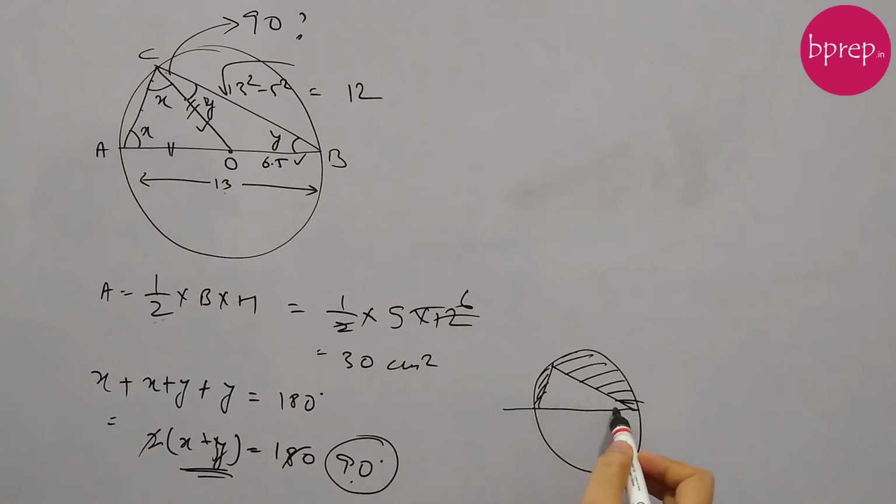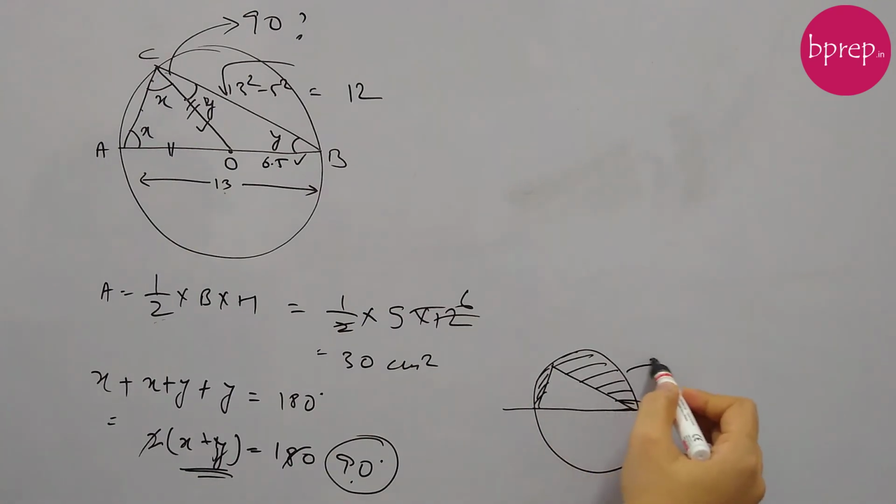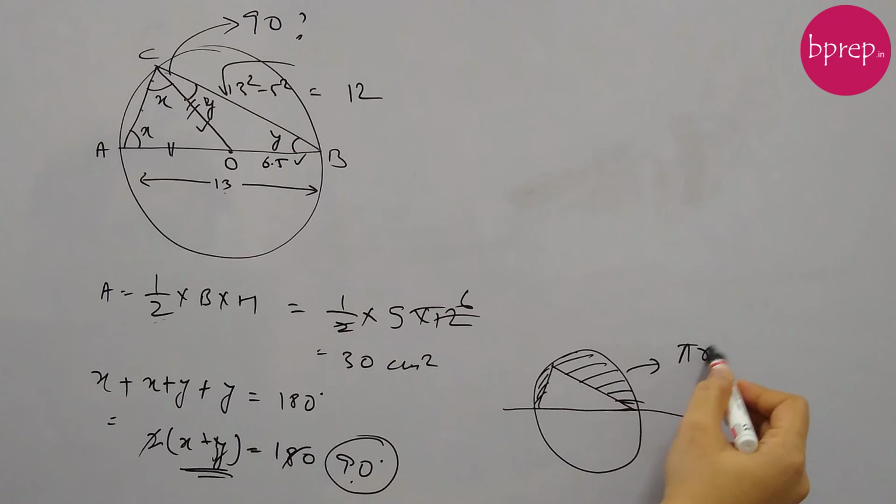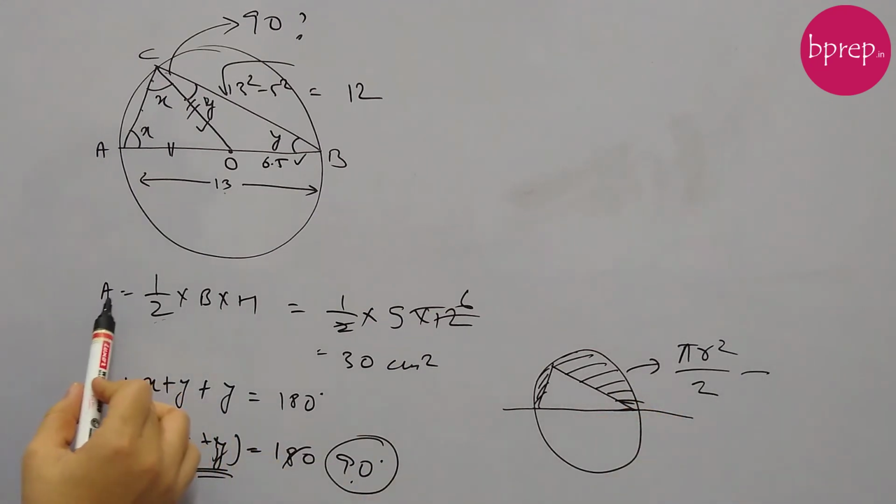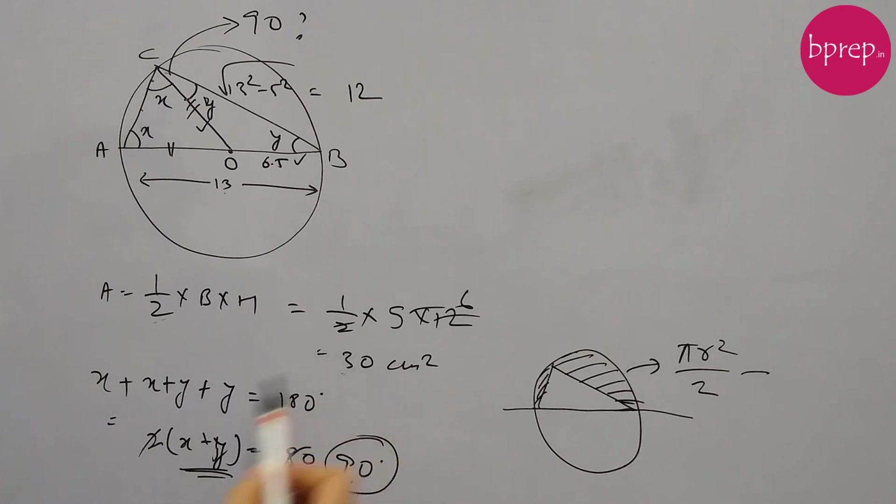Because it is a diameter, it's going to divide the circle into two equal halves, and the area of the semicircle in this case will be pi r square by 2, because it is half of the circle, minus the area of the triangle we just deduced, which is 30. Okay, so by putting the value of r, we can get this area, and by subtracting 30 we can get the area of the shaded portion. Okay, so in this form these questions can be asked.